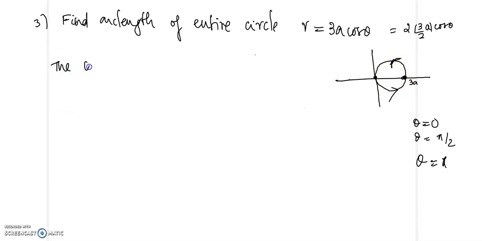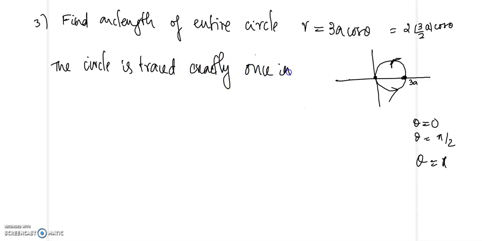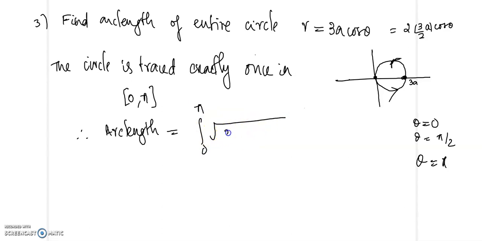So the circle is traced exactly once in the closed interval 0 to pi. Therefore, to find the arc length, we need to find the integral in the interval 0 to pi. So we get integral 0 to pi root of r square, which is 3a cos theta whole square, plus r dash, which will be minus 3a sin theta whole square, d theta.